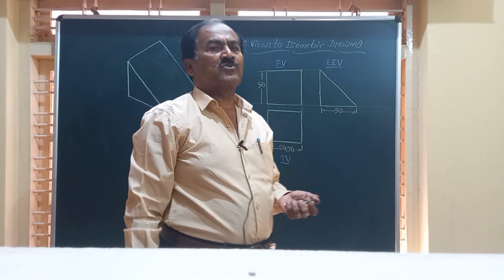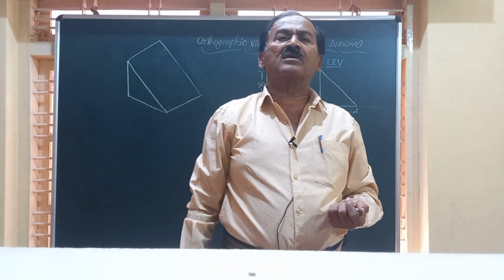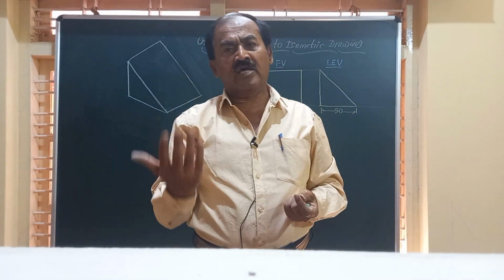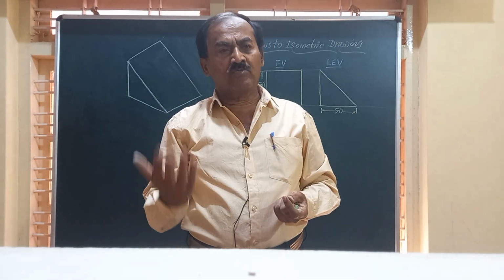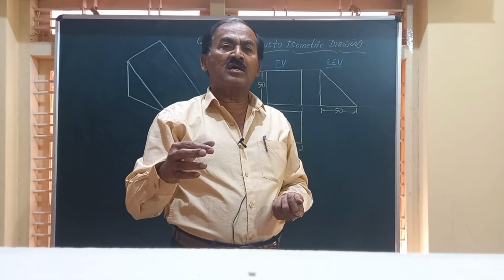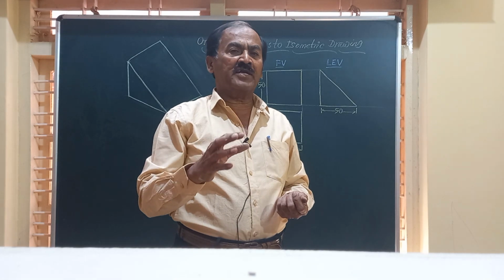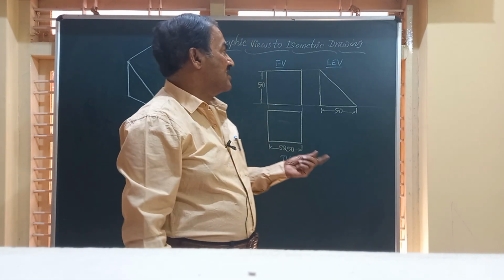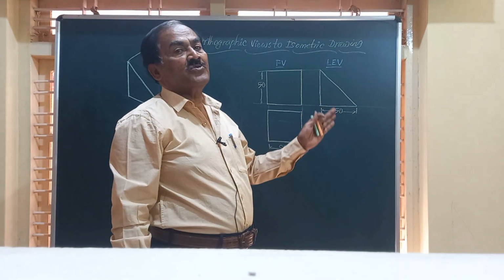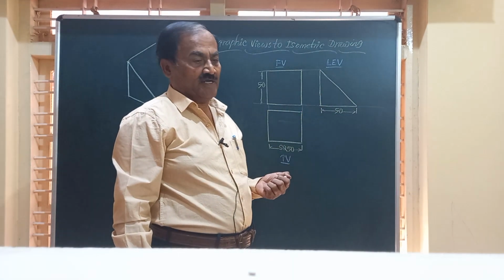Friends, you have to be very familiar with both the conversion of orthographic view to isometric drawing or isometric projection, or given the isometric drawing or projection of a component, you should be able to obtain the orthographic views, that is the two-dimensional views of that given solid.